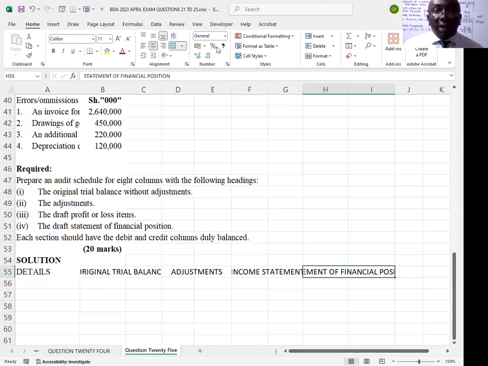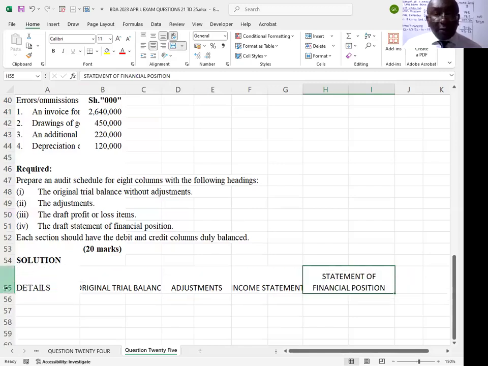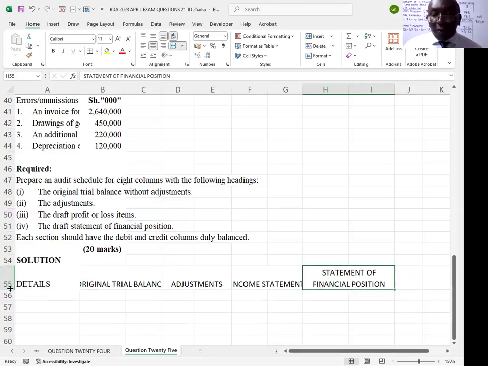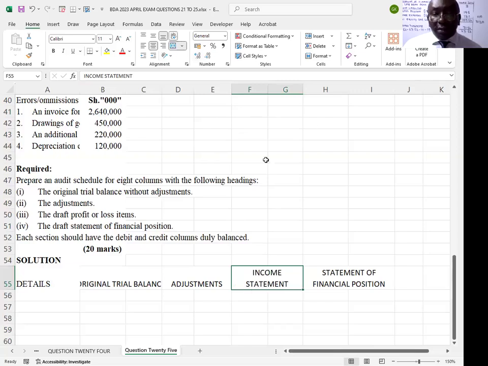I don't know whether I can do the text wrap here. Where is text wrap? This one. Even this one.